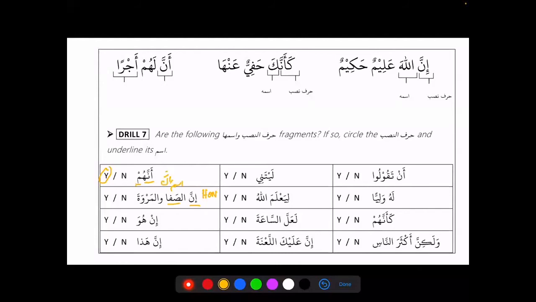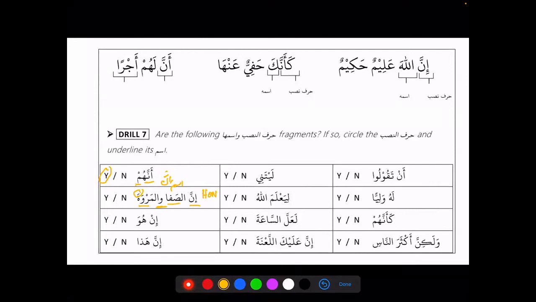And wow came, wal marwata. We see that this is also nasab in status, but that is later. We can say that it is also acting like the ism of inna because wow came over here, right? But we didn't learn it yet, so I'm not going to say it.